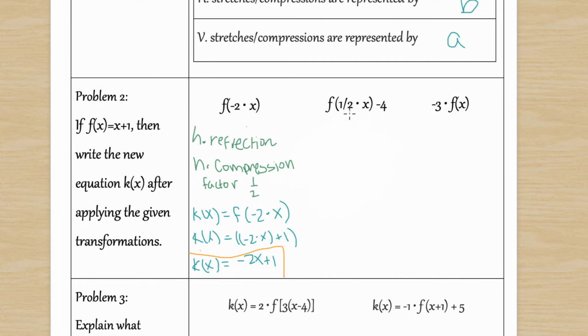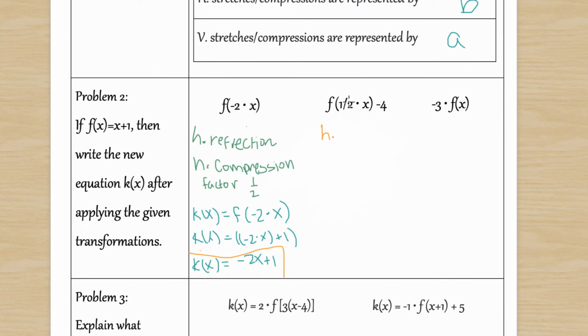So our next one, we have, again, a number being multiplied by x inside of the parentheses and a -4 outside of the parentheses. So let's work on inside of the parentheses first. We see that whatever is inside the parentheses will be horizontal. So since x is being multiplied by 1/2, we need to take the reciprocal of that to see if it is a stretch or a compression.